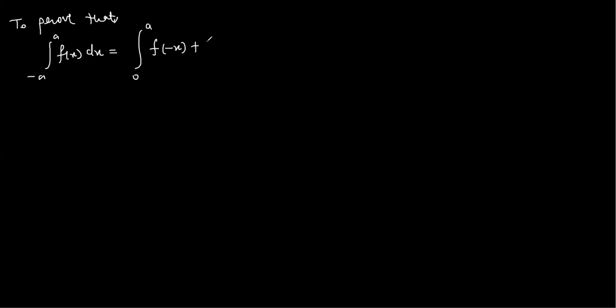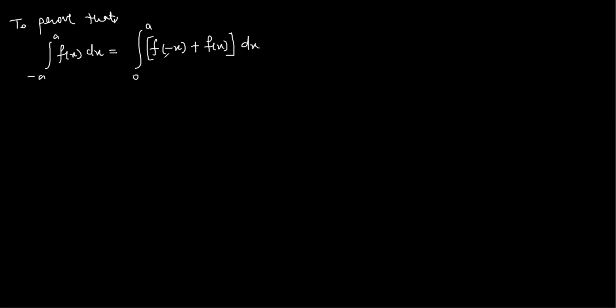I write proof. So here I have now to prove that minus a to a f of x dx equals 0 to a f of minus x plus f of x dx.